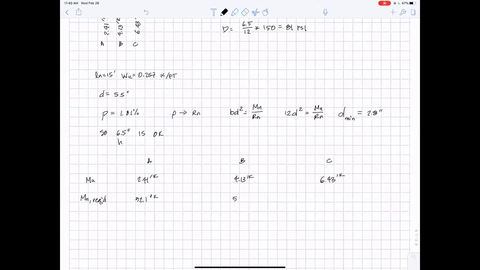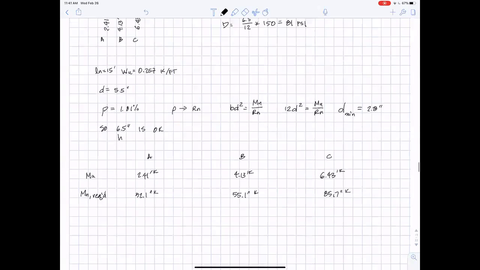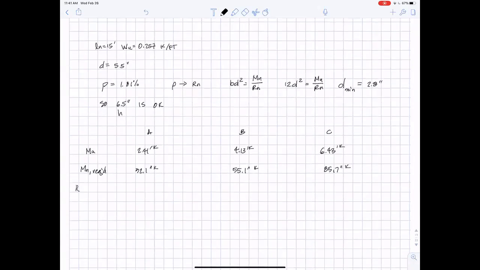Then 55.1, and 85.7. And then I'm going to do RN equals MN over BD squared, which is MN divided by 12 times 5.5 squared.